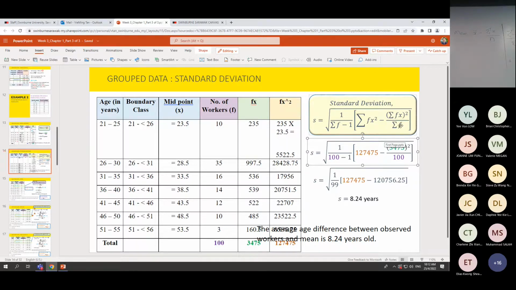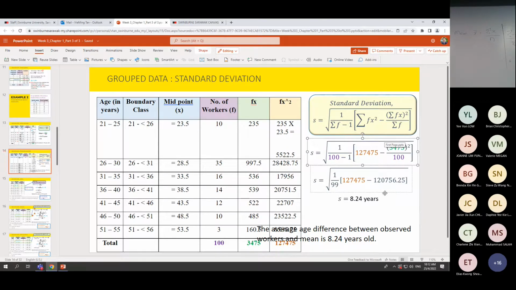How about the denominator? Total f is this number. Next step is to simplify. I suggest that for 127475, don't disturb it, just substitute it here. Then for this part, we simplify power 2 divided by 100. Round the answer to 2 decimal places.